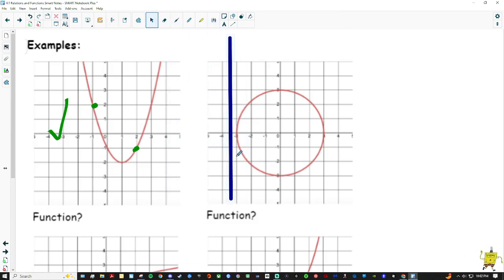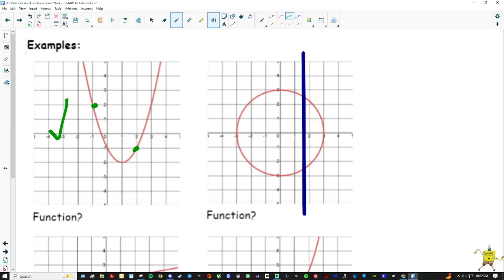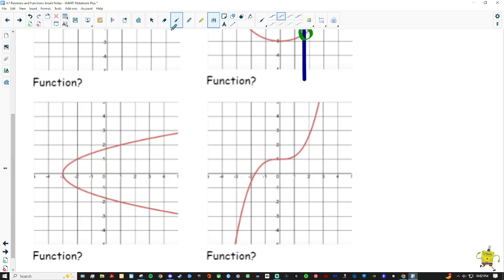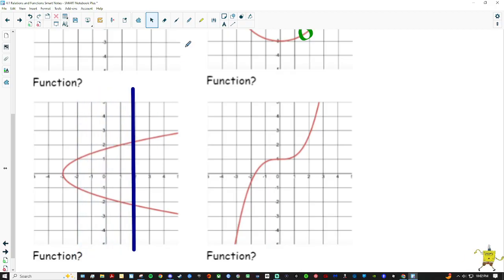If I look at my second one, if I put my line somewhere in the middle, anywhere in here, I can see that my vertical line hits once, twice. 2 hits is an automatic fail. Okay, let's try 2 more. Again, if I take my blue line and I start sliding it across my graph, I can see right away that my line hits not just once, but twice.